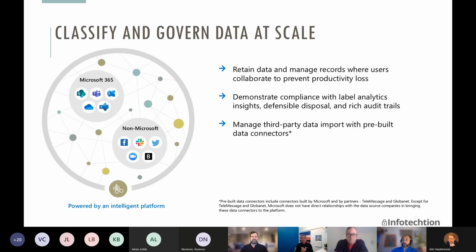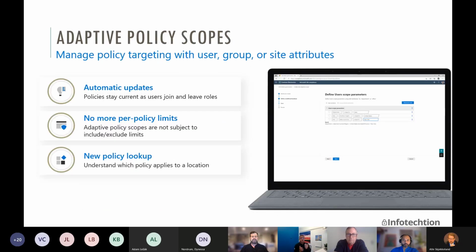The second one I really loved, if you go to the next slide, is my favorite capability. I usually don't call out people in the audience, but there's one person I'm going to call out, which is Susan Cisco, who is on the call. This is something people have been asking for around adaptive policies.